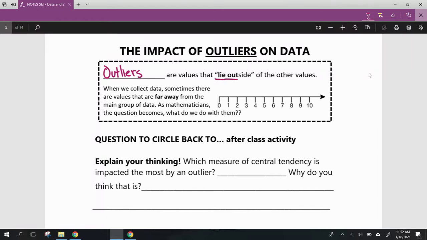do we include them knowing that they may skew, alter, or impact our conclusions or the data that we come up with? So for example, we're talking about pets and we take a survey and somebody's got one pet, another person has two, another person has one, another person has one, someone has two, another person has one, maybe someone has three, and then the next person coming up has 10.